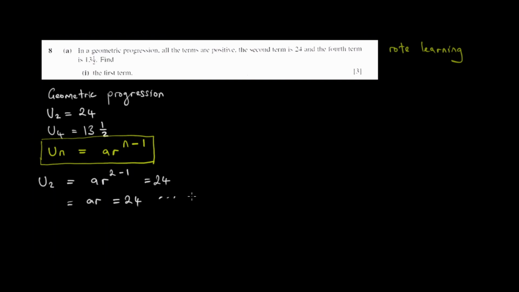And we are going to call this equation 1. u4 inenge iri equal to ar to the power 4 minus 1, which is equal to 13.5. Zvichireva izvo kuti ar to the power 3 iri equal to 13.5, and this is equation number 2.